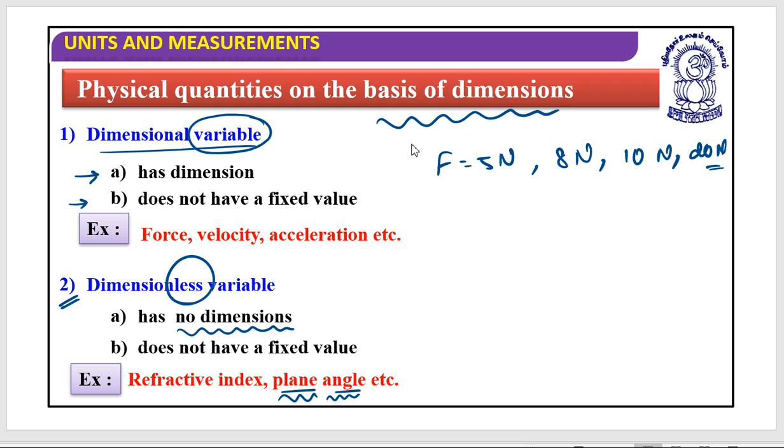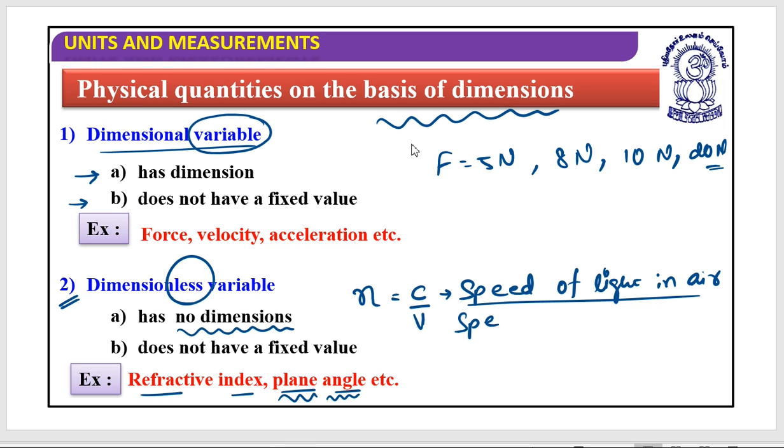But let us suppose refractive index. Do you know this? Have you used it? In which class? 10th class. Yes. So you know that n is equal to c by v. So basically it's a ratio of similar quantities. What is c? It's the speed of light in air, or we can say vacuum. V is the speed of light in medium.